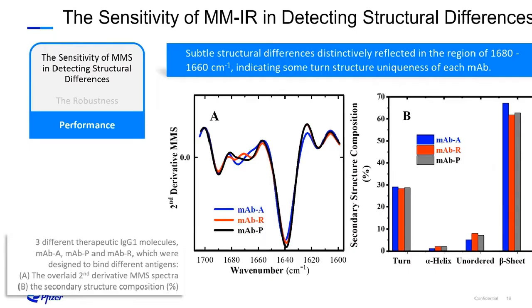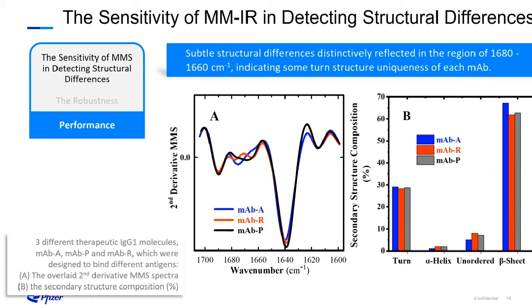Then, how about the sensitivity in detecting structural differences? Three IgG1 molecules, mAb A, R, and P, were designed to bind different therapeutic antigens. In this side-by-side assessment, the second derivative IR spectra of the 3 mAbs were overlaid, and the secondary structure compositions were compared in the bar graph on the right.